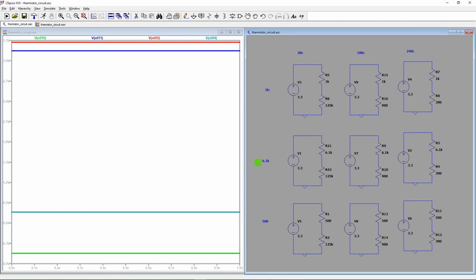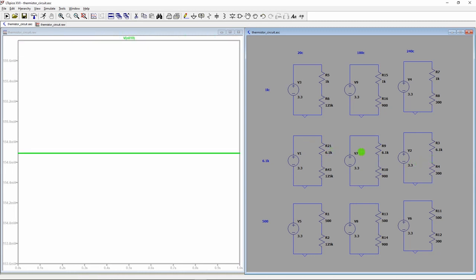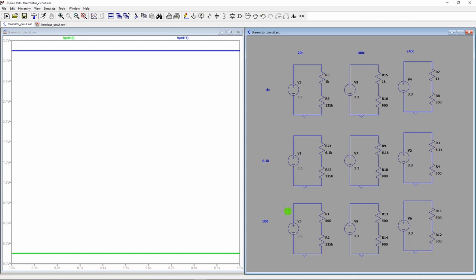So this is just a visual representation of why it's a better choice than the 1K for the whole 20C to 240C. So now I'm going to select the 6.1K for the whole range, and then we're going to go to the 500. So the 500 was the best between 180 and 240, but if you look at this comparing to the 20 to 240, you can see that it starts off really high.